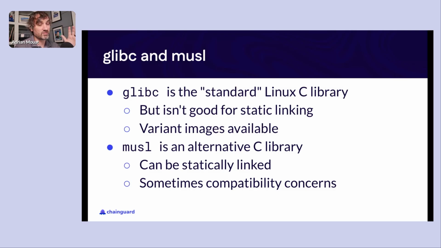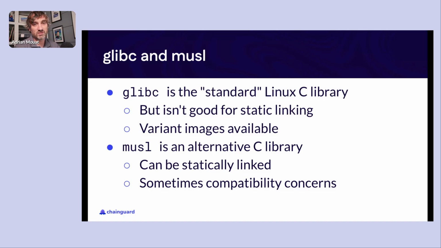You compare that to musl. It's basically an alternative to glibc, which can be statically linked. So it's quite easy to create an executable that contains musl inside it. There are some concerns around musl. It will have performance differences, so it's not the same. It's a completely different code base from glibc, so there will, of course, be some differences.